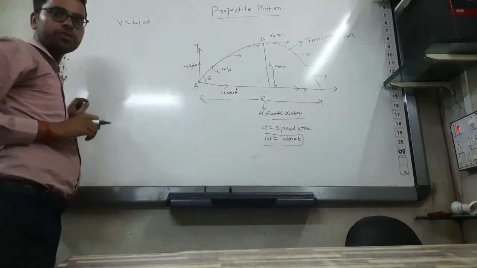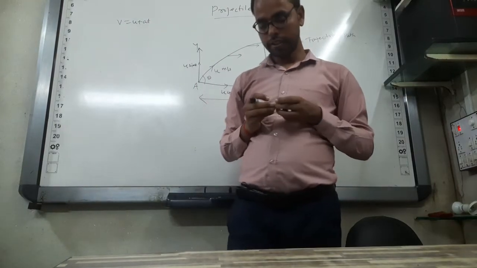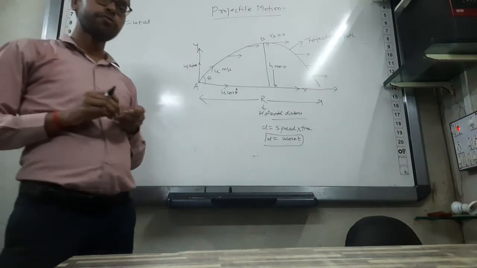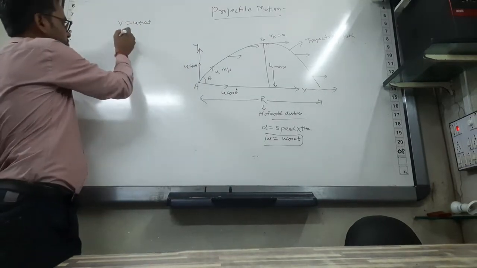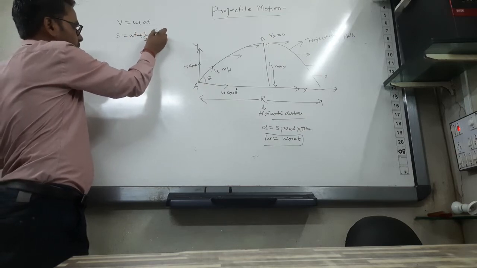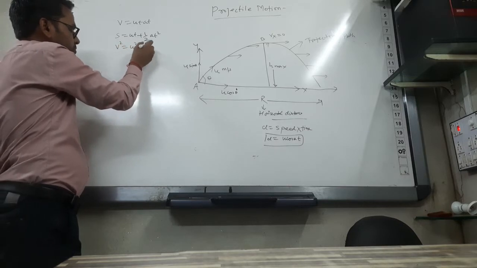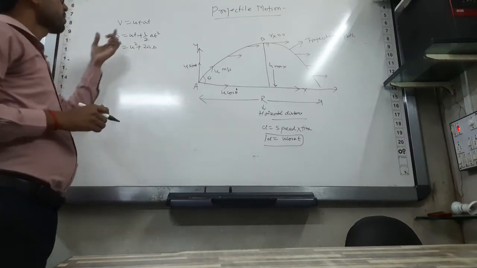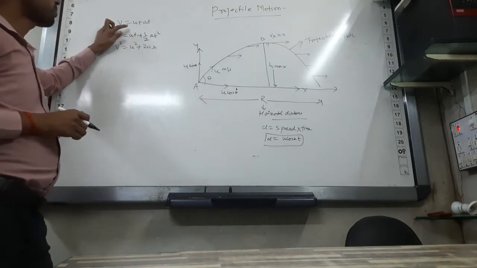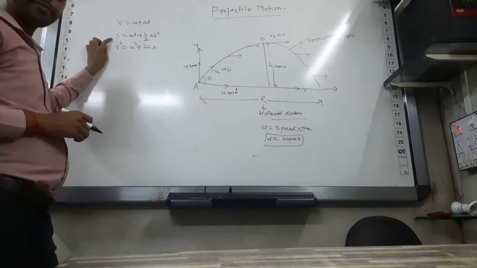The second is s equal to ut plus half at square, and the third is v square equal to u square plus 2as, where v is the final velocity of the object, u is the initial velocity, a is acceleration, t is time, and s is displacement of the object.